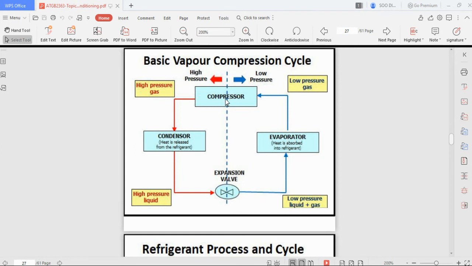For the functions, you can basically split it into two things. The condenser is to release the heat, the evaporator is to absorb the heat. The compressor is to increase the pressure of the gas, and the expansion valve is to reduce the pressure of the gas. So this is a very good figure to understand what the basic vapor compression cycle is.